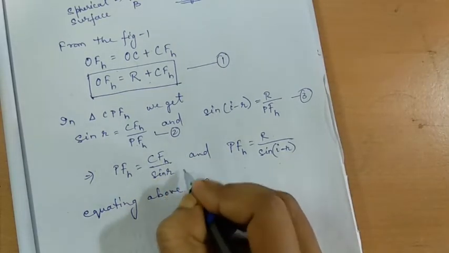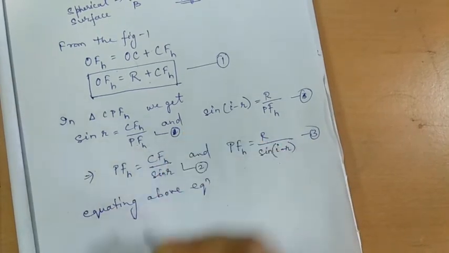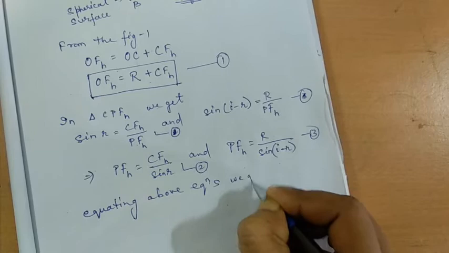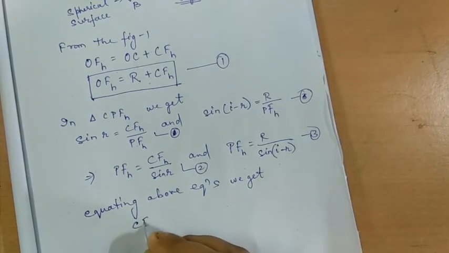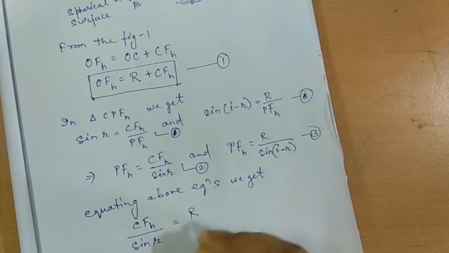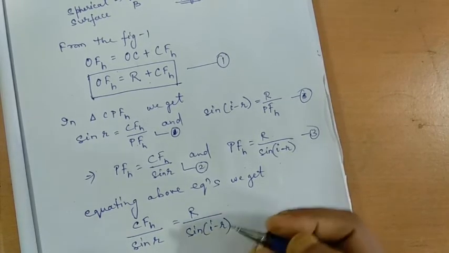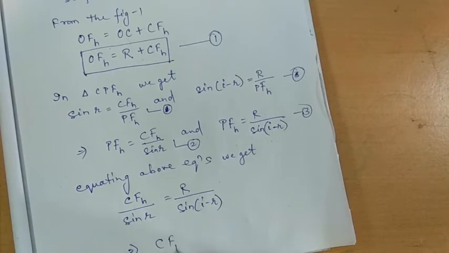So let's say this is my equation 2 and this is my equation 3. From the above equations, if we equate them, we get CFH by sine R equals R divided by sine I minus R. From this we are going to get the CFH value.